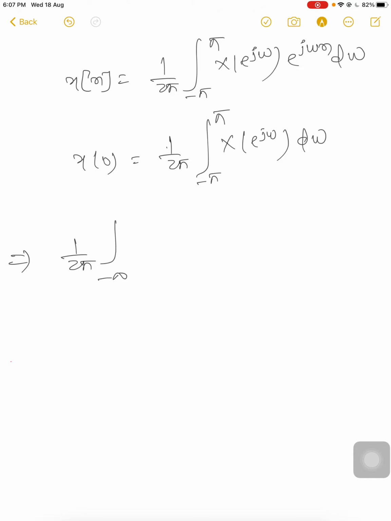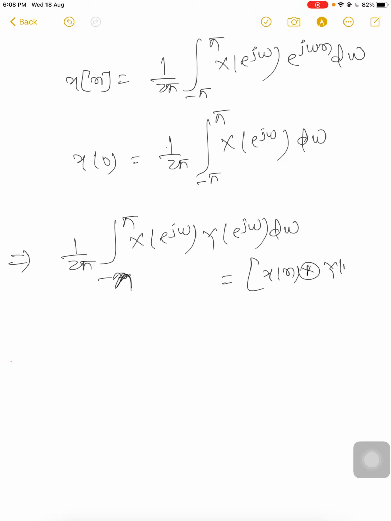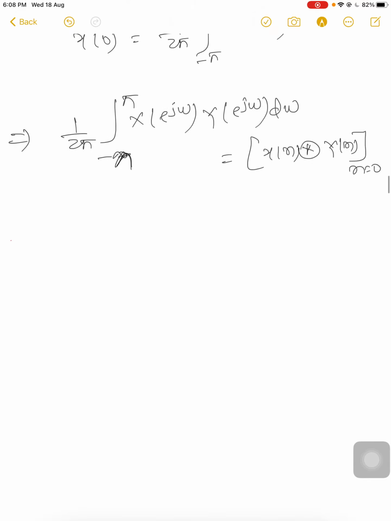Okay, so we can say that 1 by 2 pi, integral from minus pi to pi, X(e to the power j omega) Y(e to the power j omega) d omega is nothing but the circular convolution of x[n] and y[n] at n is equal to 0.